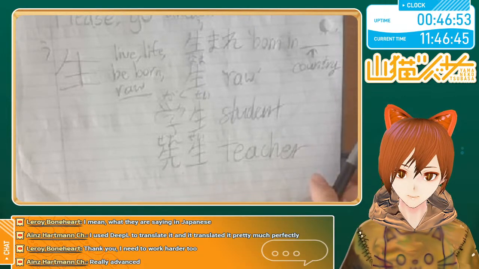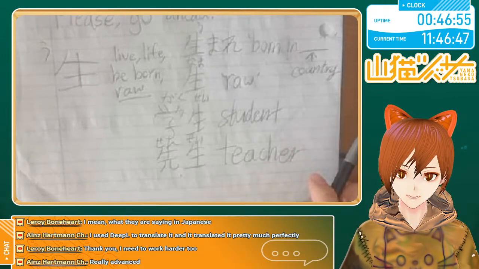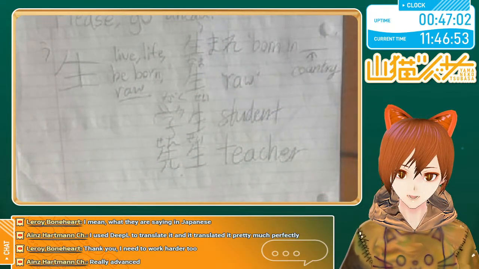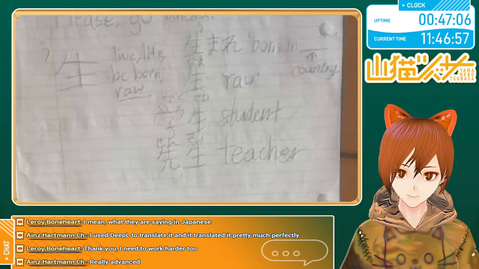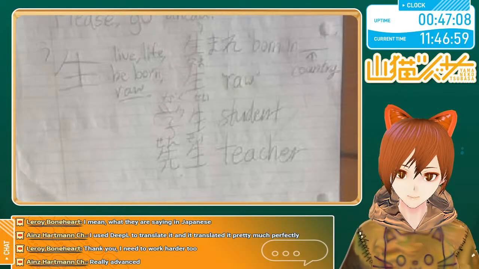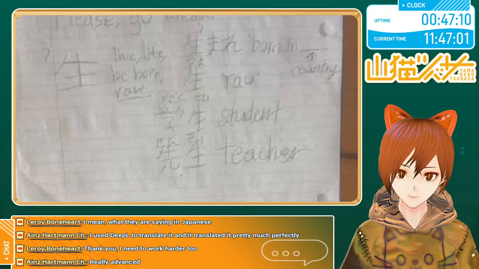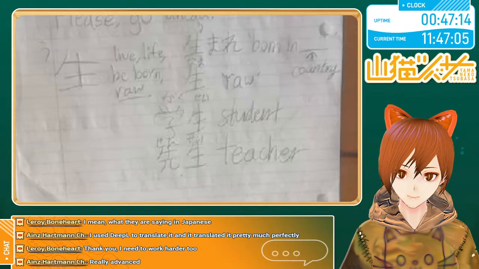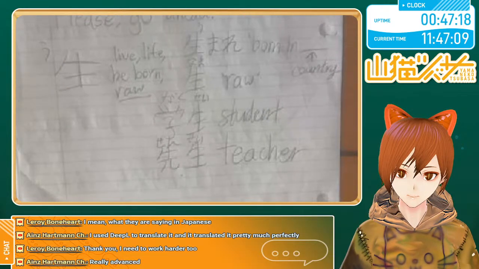It translates it pretty much perfectly. Really advanced. DeepL is really good. I use Google Translate because I'm more familiar with it, but I've used DeepL too. How do you swap these? Translate from Japanese to English. Yep, okay.